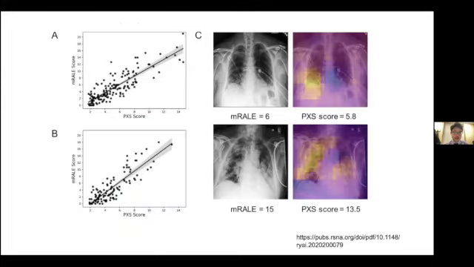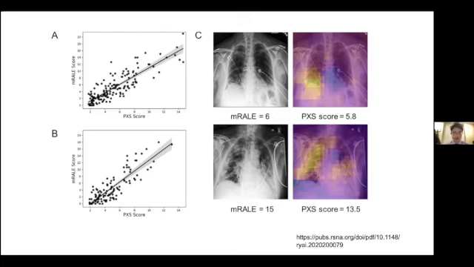So what we found is that using this type of deep learning model, we could actually predict the PXS score, our severity score, which correlated very well with the average of a number of expert annotators. In panel A, you can see a scatter plot that shows that correlation, and this was in our internal test set.